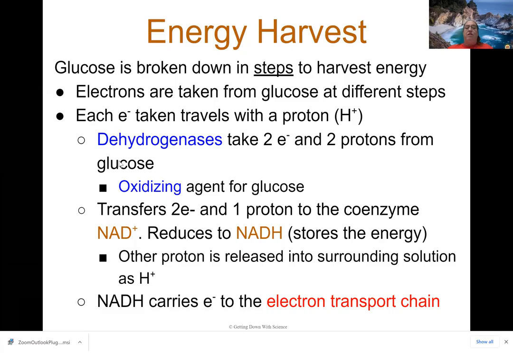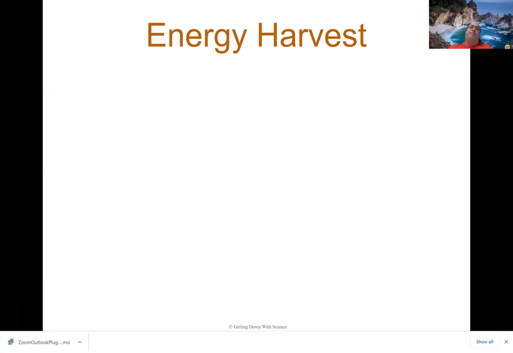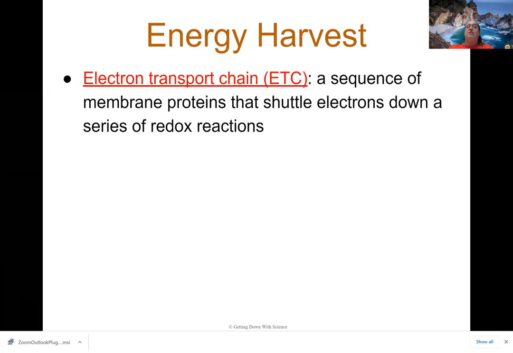NADH is going to carry the electron to the electron transport chain where we can exchange it. The electron transport chain, typically we call it ETC just because we get tired of having to say electron transport chain and write it over and over and over, is going to be a sequence of membrane proteins that shuttle electrons down a series of redox reactions. Remember, electron transport chains, these are the hot potato game where we're going to toss from one protein to the next to the next.